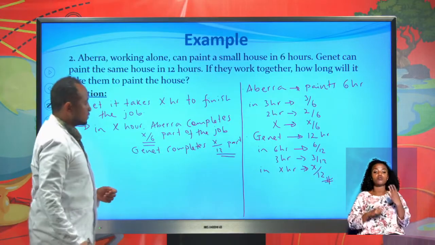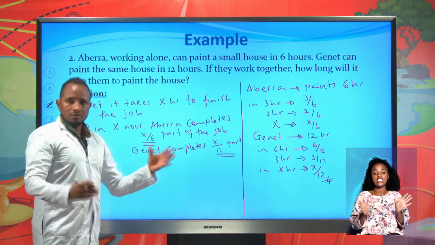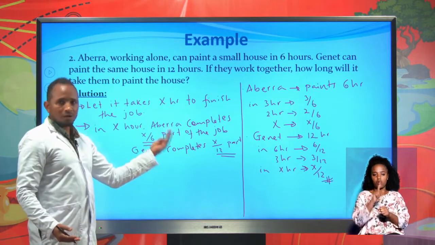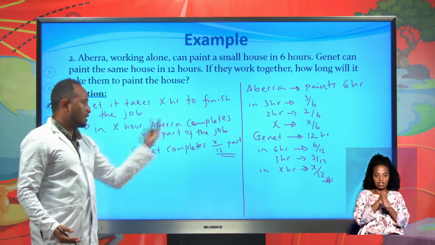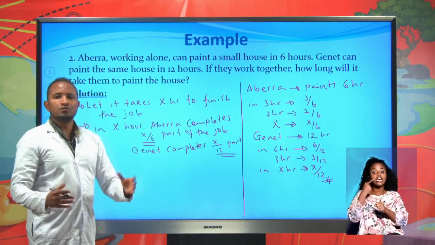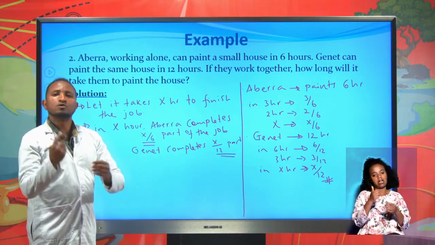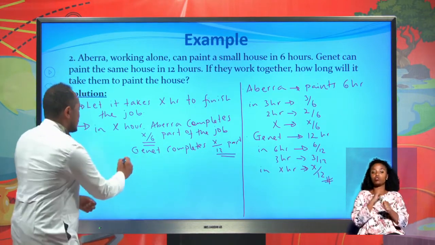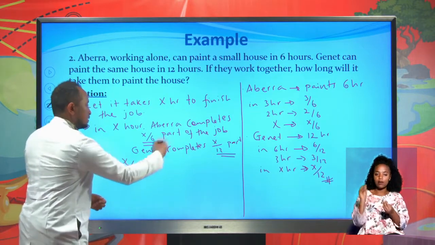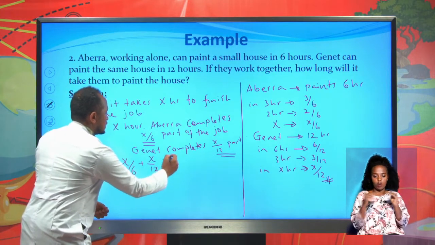So the sum of the work together will be 1, the full job, when you add x over 6 done by Aberra and x over 12 done by Gannet. Together they give the full job, so it is 1. Therefore, x over 6 plus x over 12 equals 1.